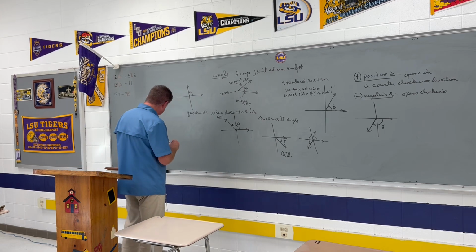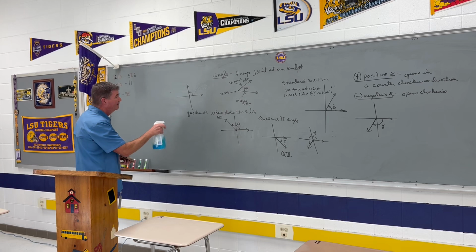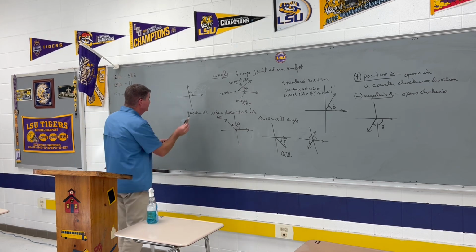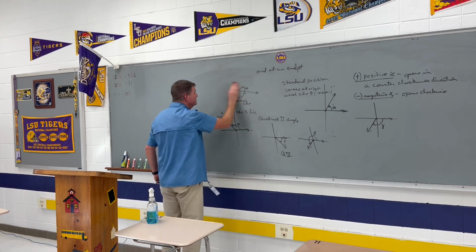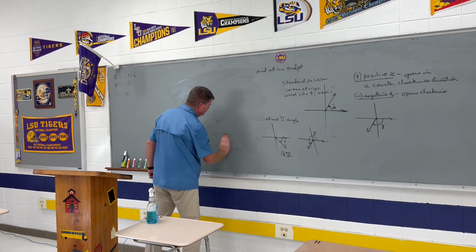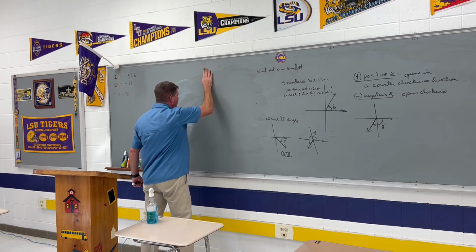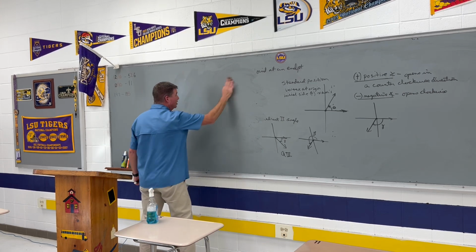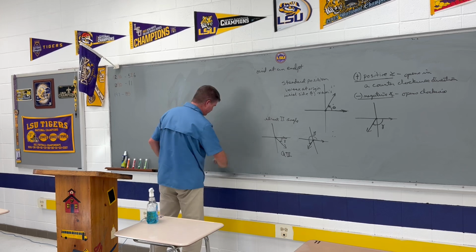We now have to look at the types of angles. The types of angles are determined by the size of the angles. So the first angle that we have, size-wise, is going to be the smallest of the angles. We will call that an acute angle.